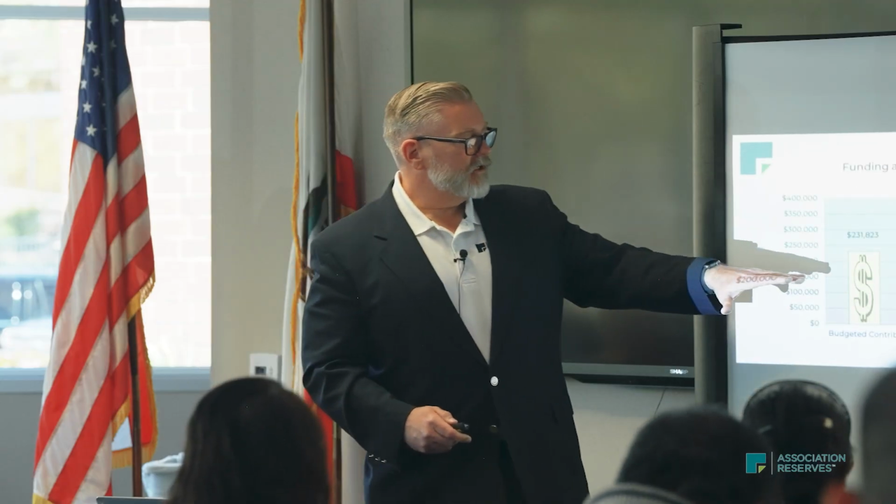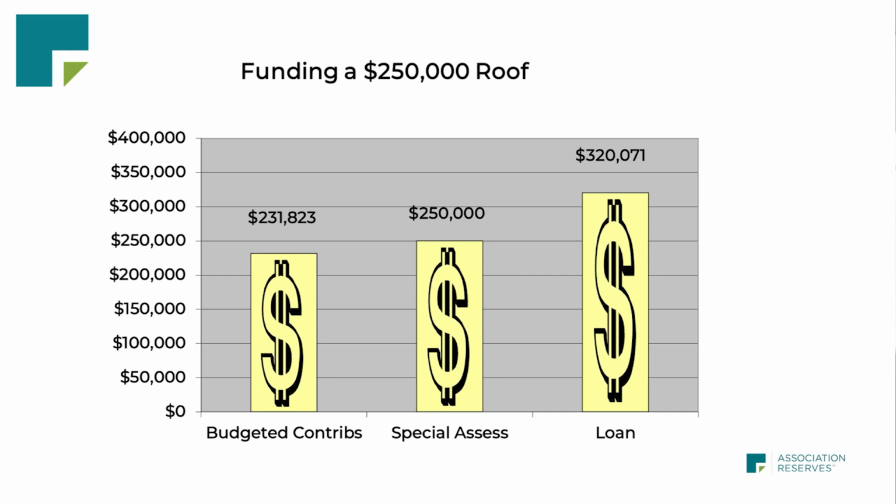And I'm going to have to adjust this slide because of the inflation and the interest rates going up. But a lot of people will go, aha, here's what we'll do. We will take out a loan. Here's the problem. If we make reserve contributions for a $250,000 roof, we really only pay $231,000 for that roof because we've been getting interest on our money.